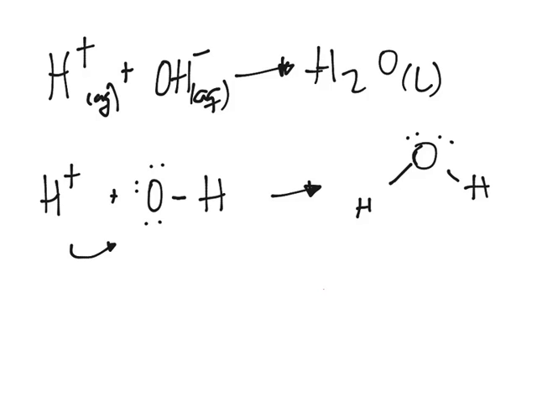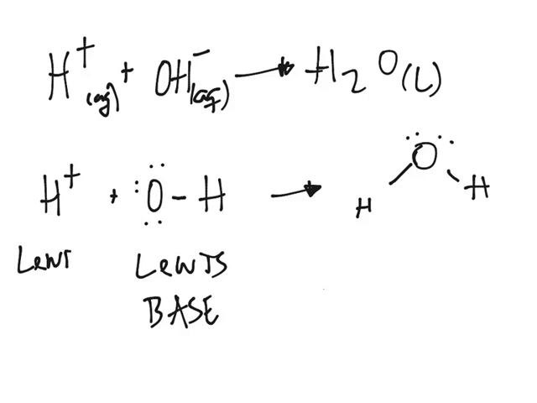So you can say that the hydroxide, the OH, donated this electron pair to the hydrogen ion. So this would be our Lewis base. And the one that accepted this electron pair to form the water molecule was the hydrogen ion, so it would be our Lewis acid.